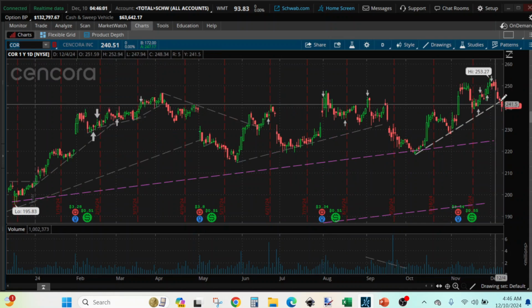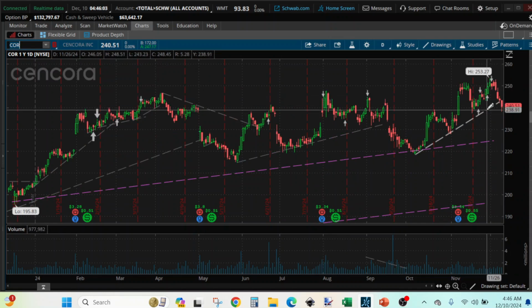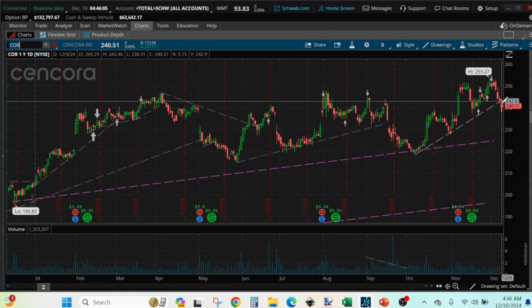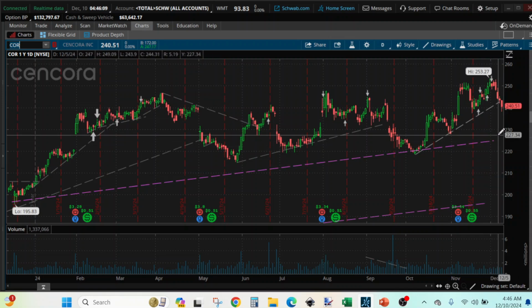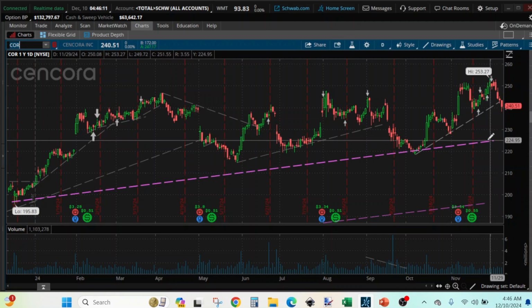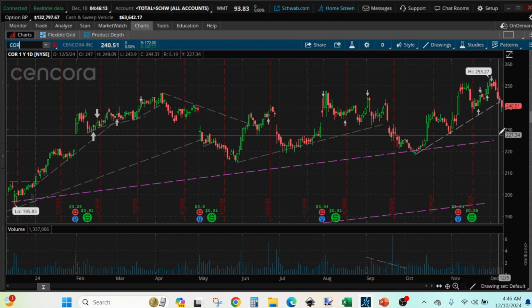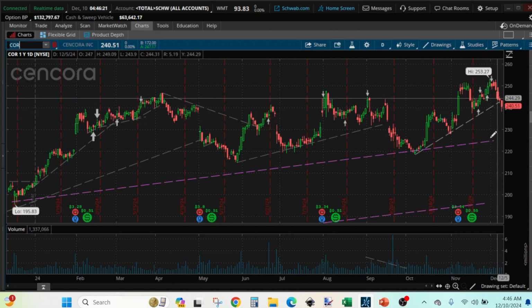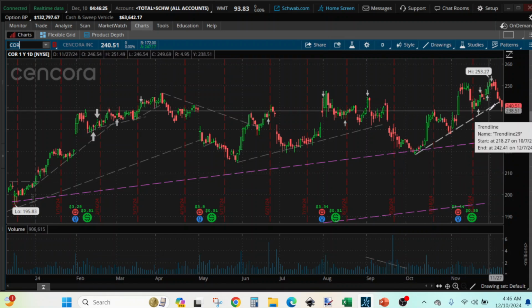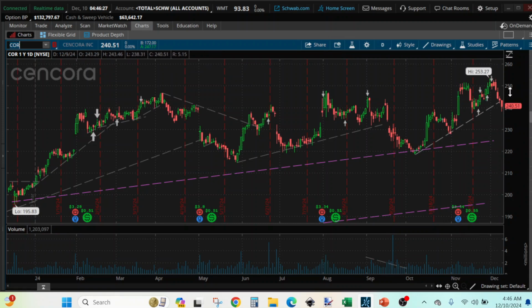So COR, we wanted to buy it on this trend line, but yesterday it fell off of it. So the next line with my target will be this one. Just in case it is the end of this trend line, unless it turns around and starts going up, I have no idea. But the sign that it fell off of this line makes me wonder if I really want to buy it on that line.